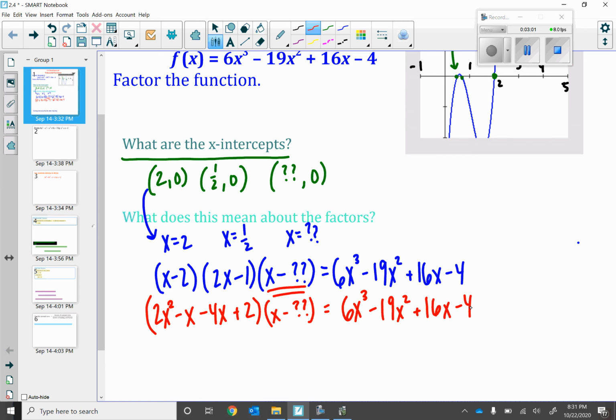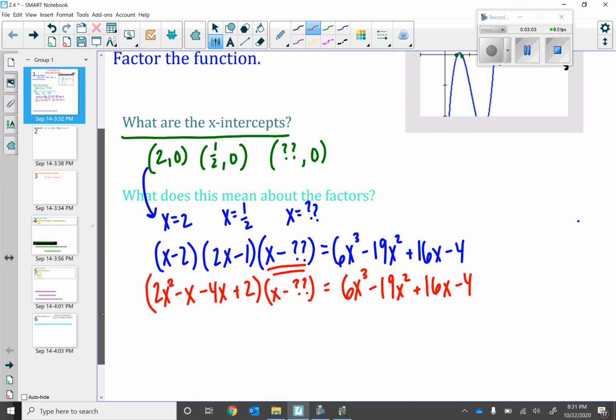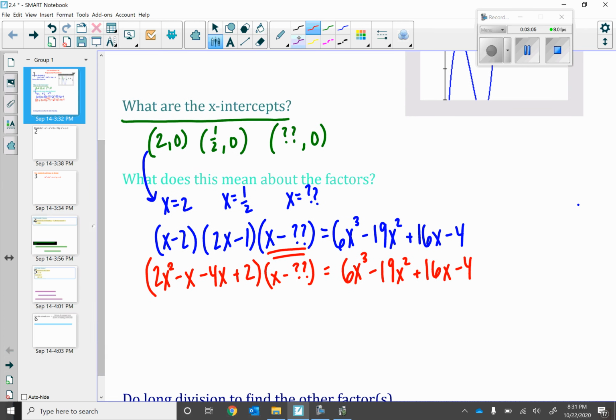Okay, well, that was helpful, but not quite enough, right? How am I going to solve for this factor? Well, technically, I would divide both sides by, this is really 2x squared minus 5x plus 2, right? I just added these guys here. So if I divide both sides by 2x squared minus 5x plus 2, I will get my answer.